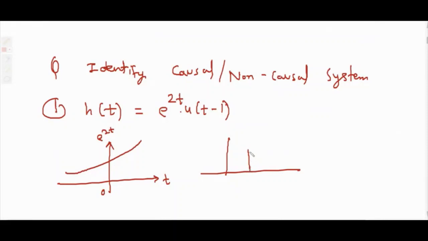It will start from 1 up to infinity, with constant amplitude 1. So between these two signals we are doing the multiplication. After multiplication we will get a signal which will be like this.